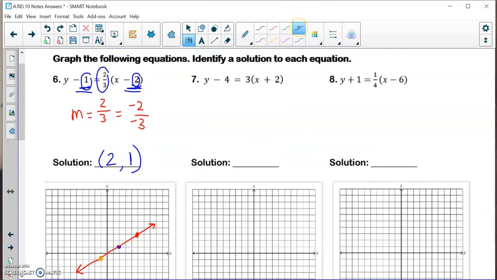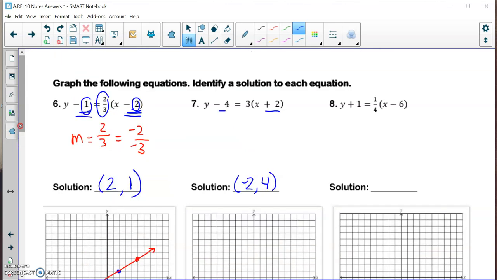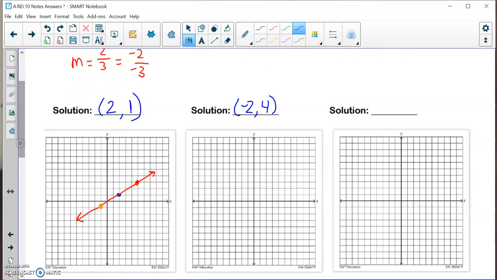But for me, in point-slope form, it's really easy to write a solution. For example, number 7, one solution would be negative 2, positive 4, because I know that there is a solution within the point-slope form equation. So I'm going to start off by graphing that solution, negative 2, 4.